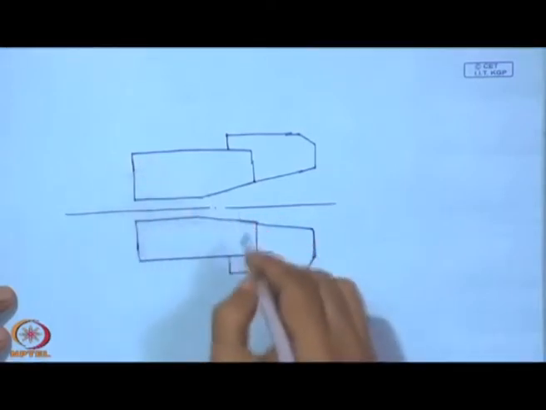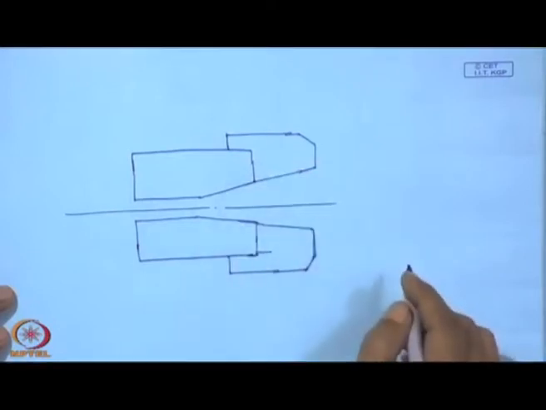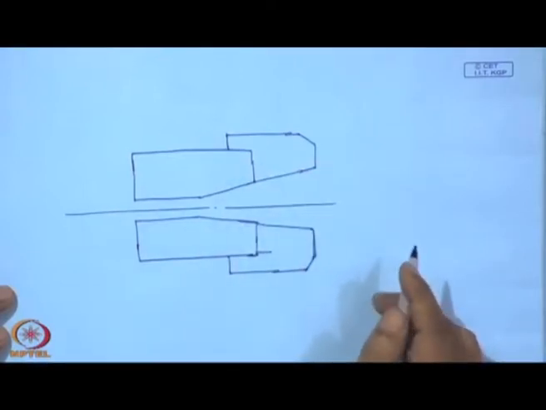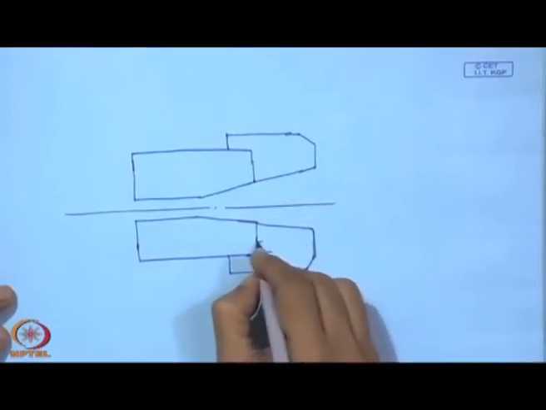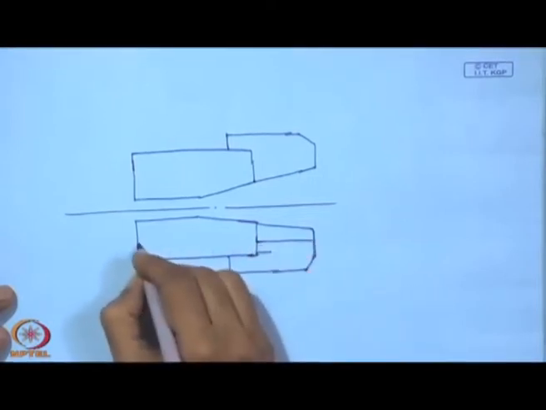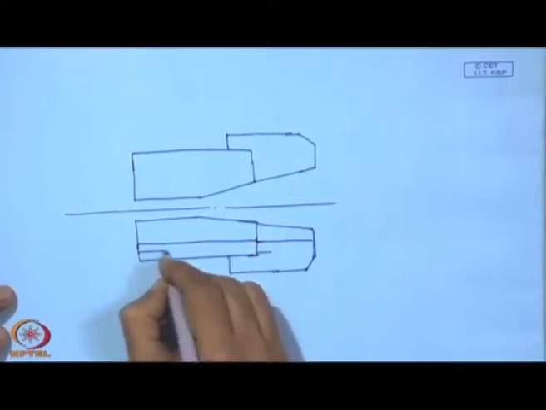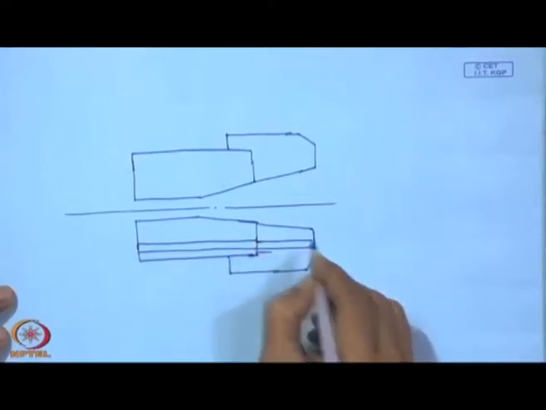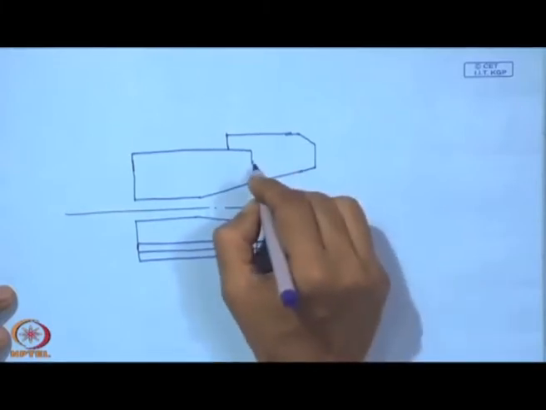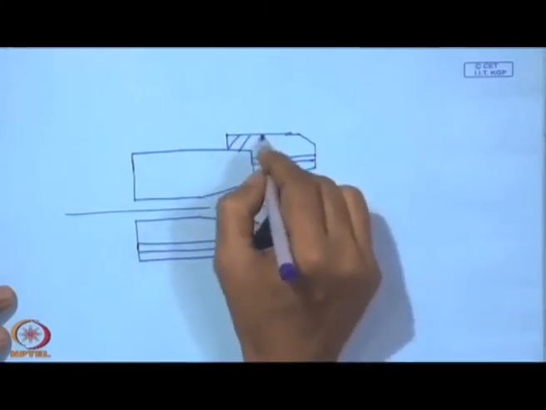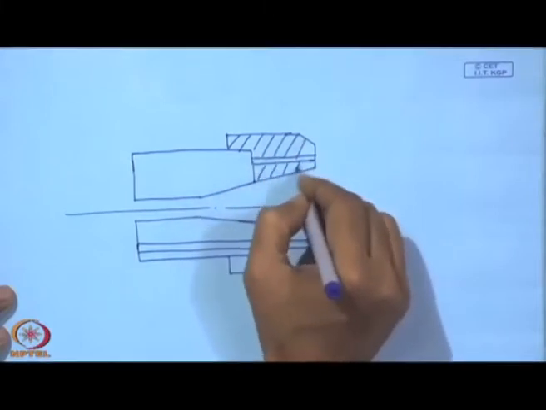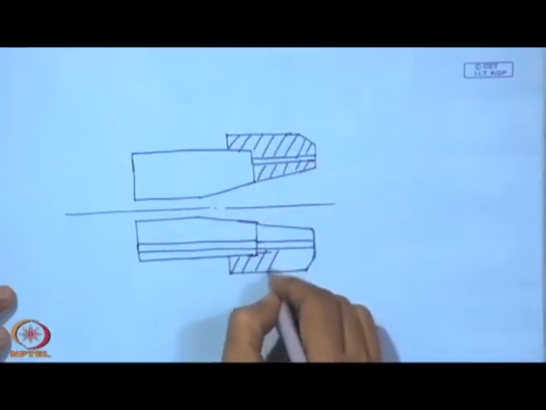So these are the two parts of the nozzle. Now, we have a small slit cut through this front nipple. This will be symmetrical, so we have to have this one too here. Let us put this hatch mark here. So, that is the construction of the nozzle.